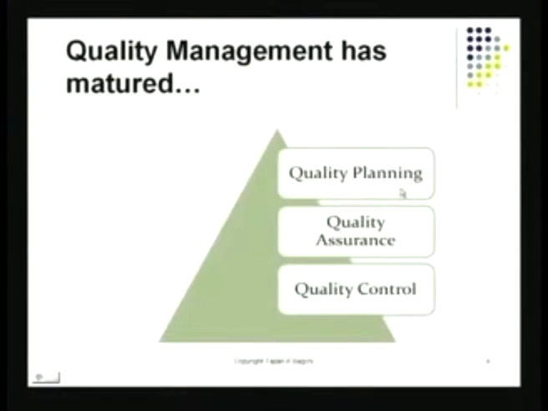Then of course, people realized that because there were so many activities to be managed in the delivery of quality, I had to have a planning system in place. And such planning systems are brought out in quality management systems, such as ISO 9000. They give you a formal stage, in fact. In the total process of ISO 9000 commissioning, you go through a stage, and at some point in time, you say, I'm going to be doing planning of quality. I'm going to really figure out all the different steps that I've got to go through.